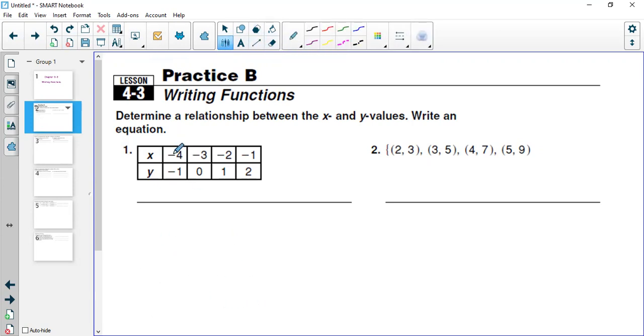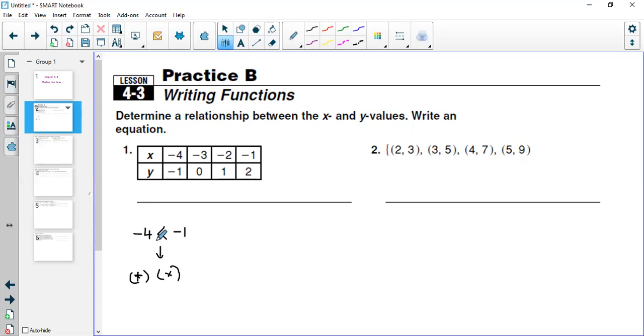Okay, so here to start with, we have the value of x as -4 and the value of y as -1. So if you see here, the value of x is less than the value of y, which means there should have been an addition or multiplication which has happened.